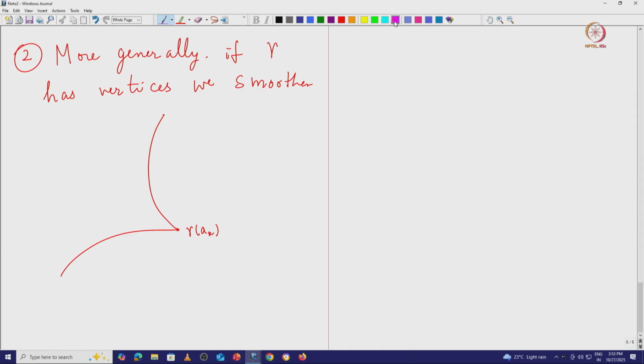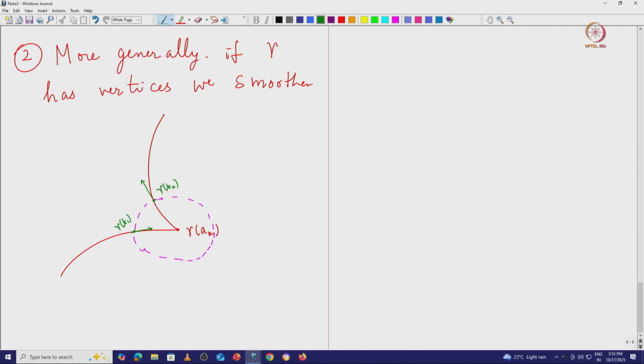The idea is to draw a little ball, look at a neighborhood disk around this point. So you have your tangent vectors here. I am going to call this gamma of T1 and this is gamma of T2.